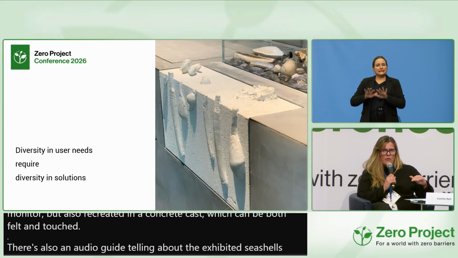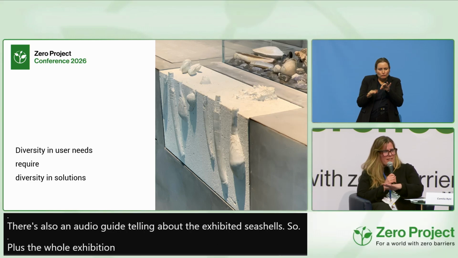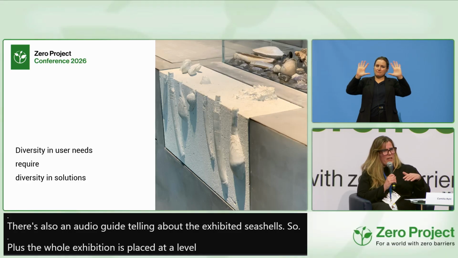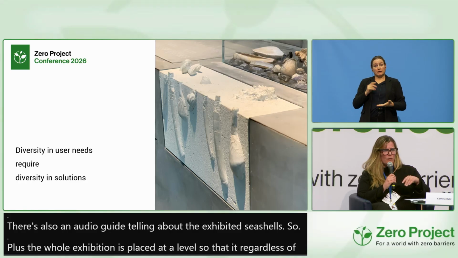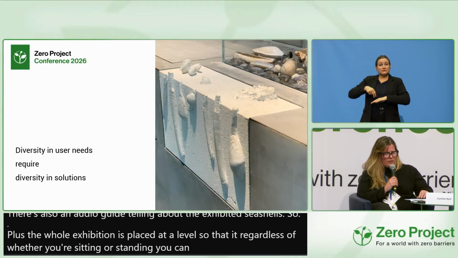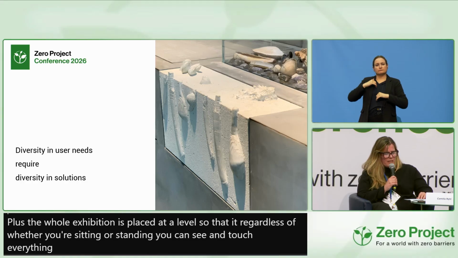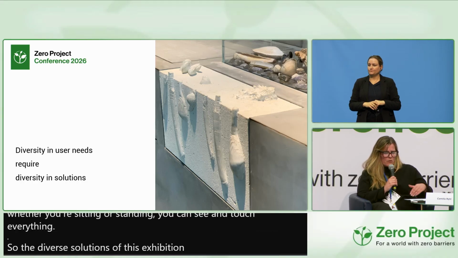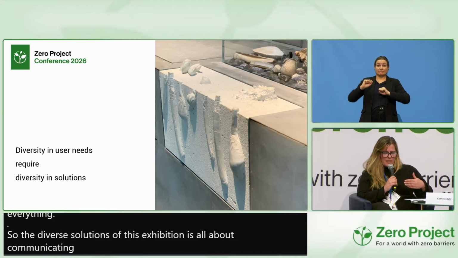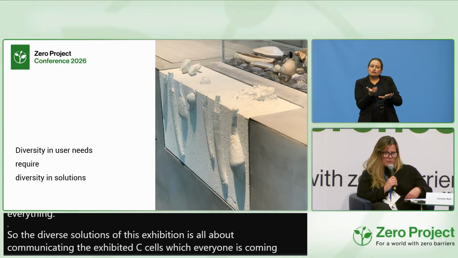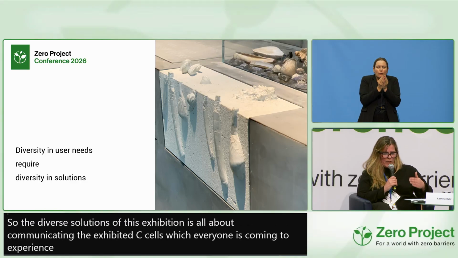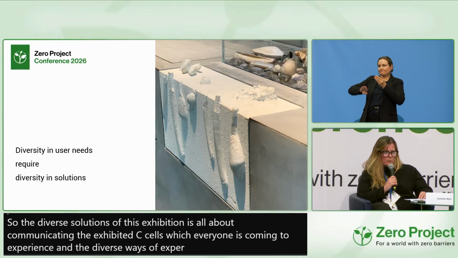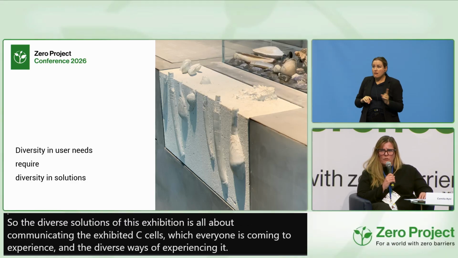Plus, the whole exhibition is placed at a level so that regardless of whether you're sitting or standing, you can see and touch everything. So the diverse solutions of this exhibition are all about communicating the exhibited seashells, which everyone is coming to experience. And the diverse ways of experiencing it become an example of universal design.